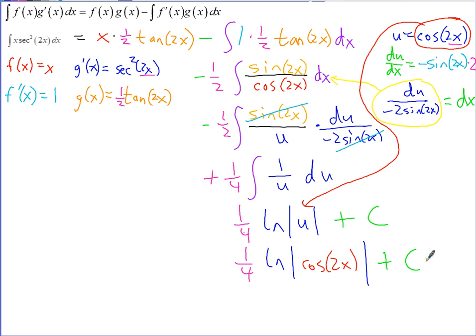plus c. And then just don't forget to bring down the first part of this integration by parts problem. You could bring the 1/2 out in front, so just 1/2 x times tangent of x.